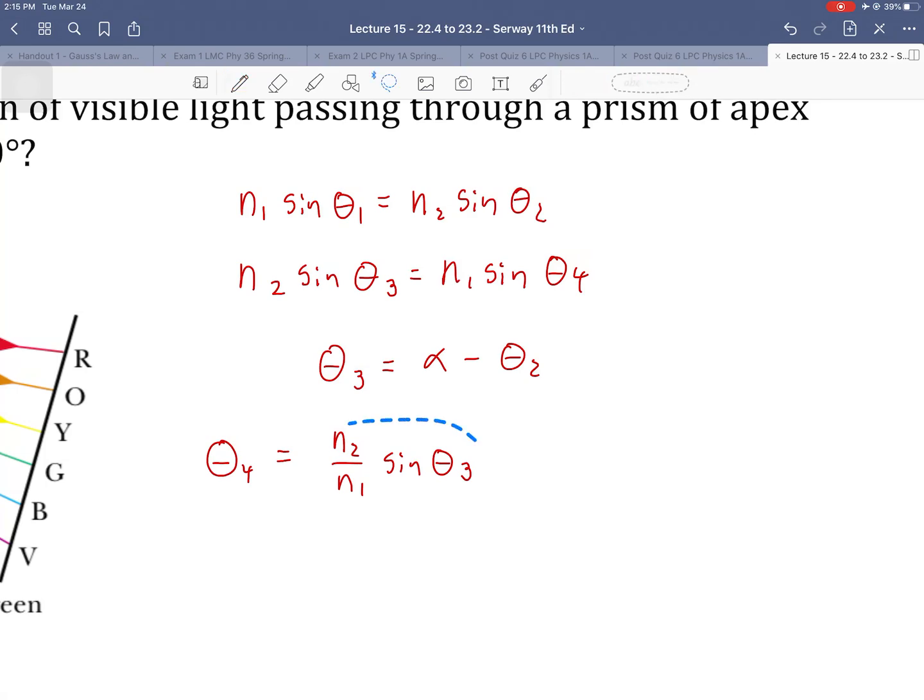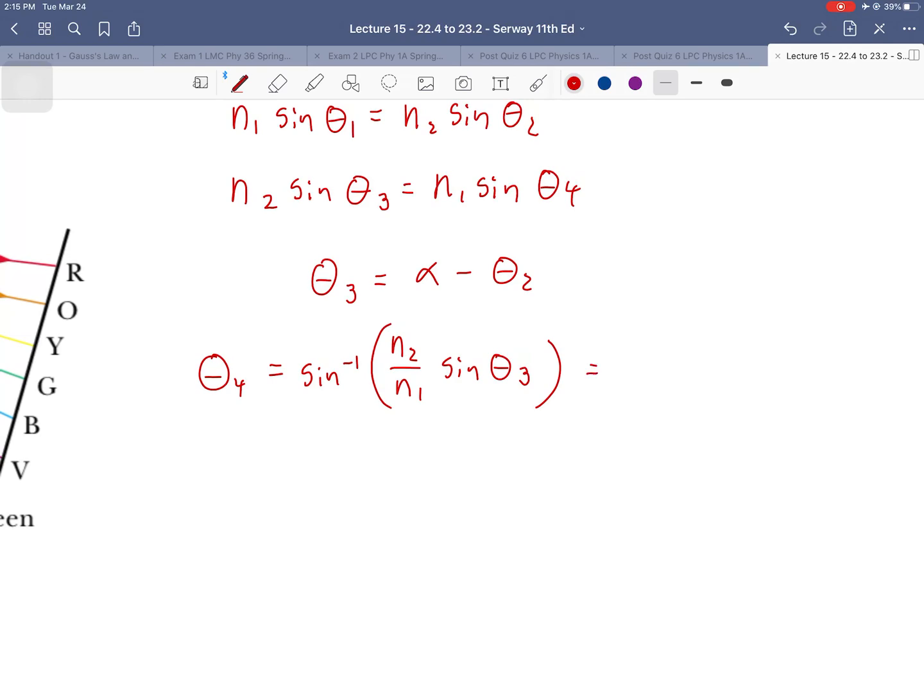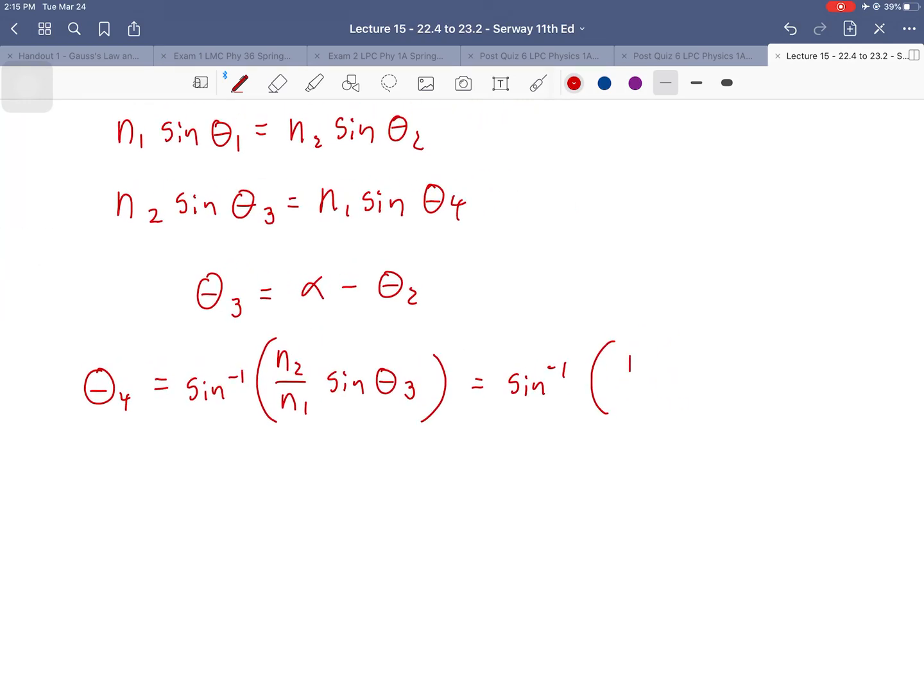Okay, so that would look like so. So sine inverse, like that. Okay, then I'm going to replace theta 3 with alpha minus theta 2. So I'll rewrite that one more time. So sine inverse, and then n2 over n1, and then sine of alpha minus theta 2.